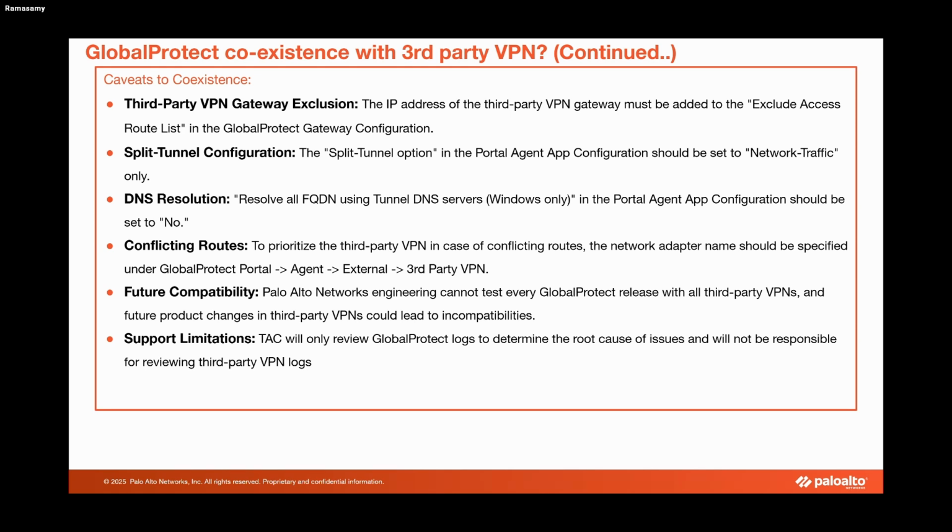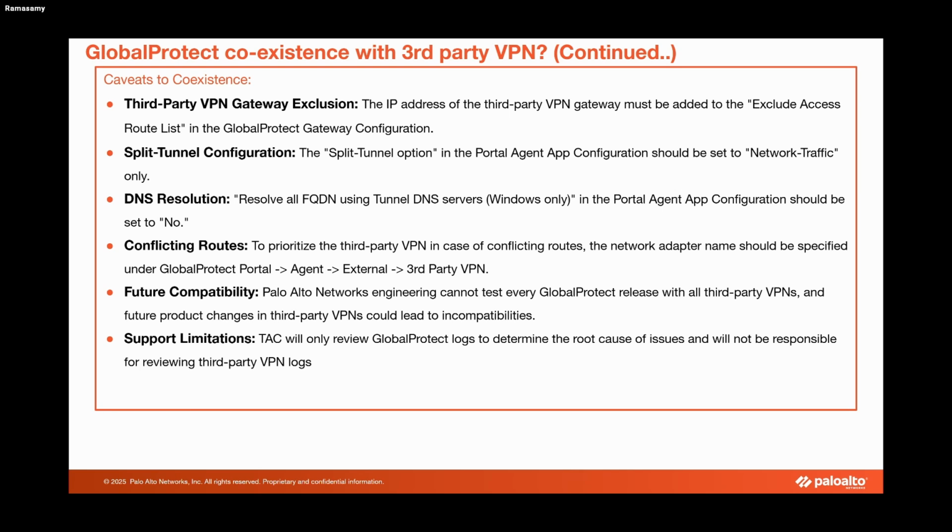In the split tunneling options in app setting configuration, make sure it is set to network traffic only so that the DNS traffic is routed on the physical adapter. If you set it to both, then the DNS traffic, in addition to the network traffic, will be routed over the tunnel interface.